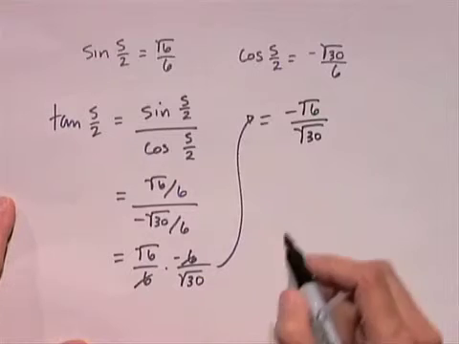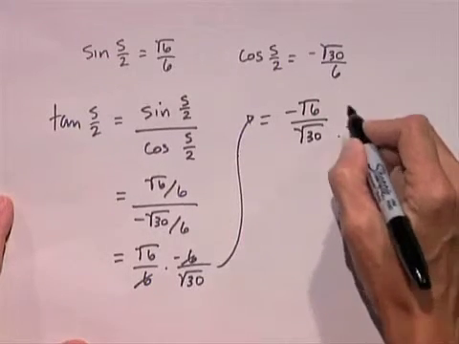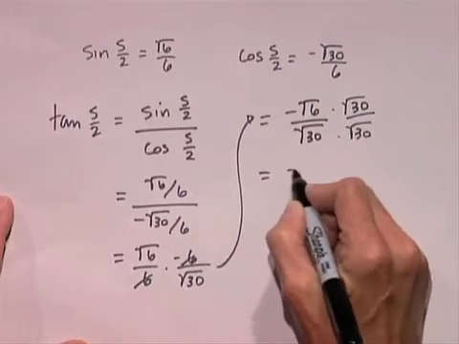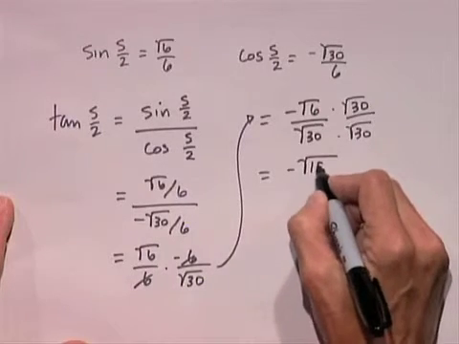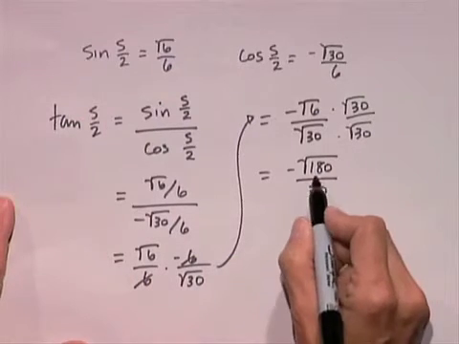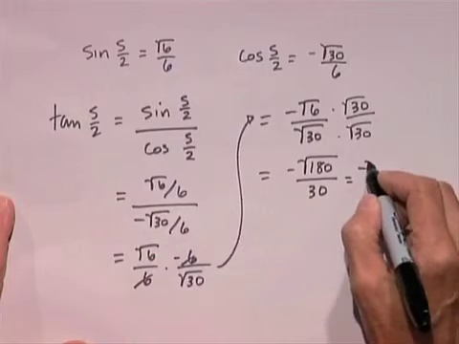Again, we want to rationalize the denominator, so we're going to multiply the numerator and denominator by the square root of 30. And we'll end up with negative the square root 6 times the square root of 30, which is the square root of 180, all over 30. The number 180 itself is 36 times 5.